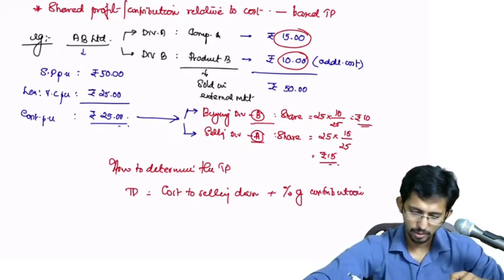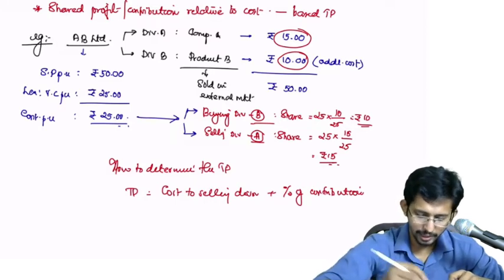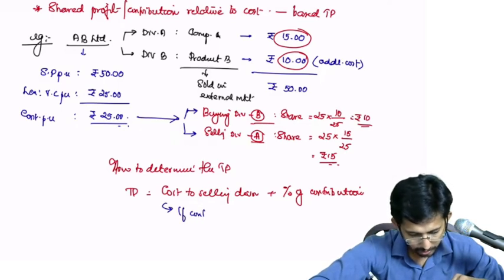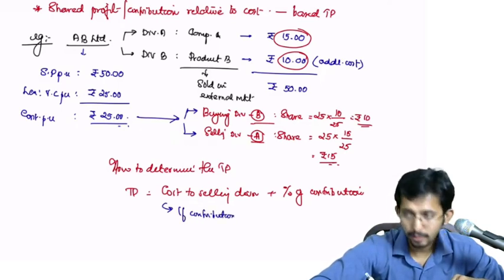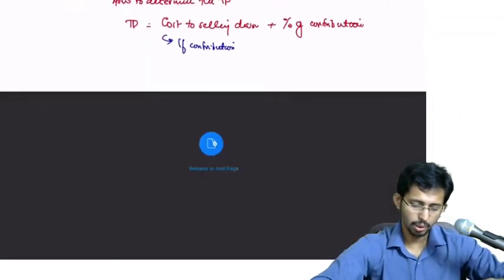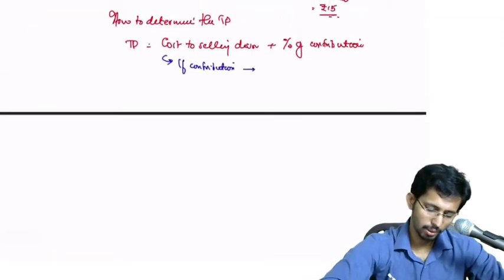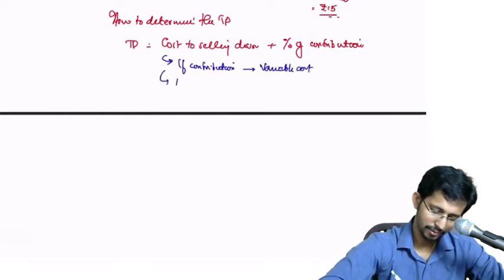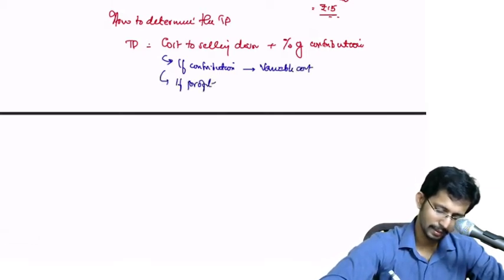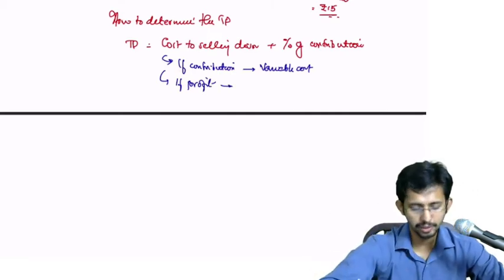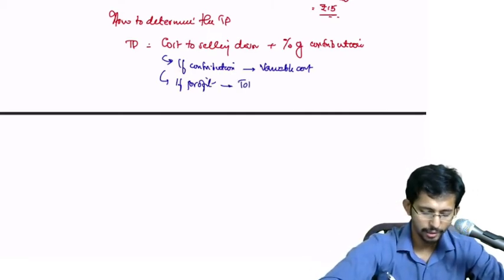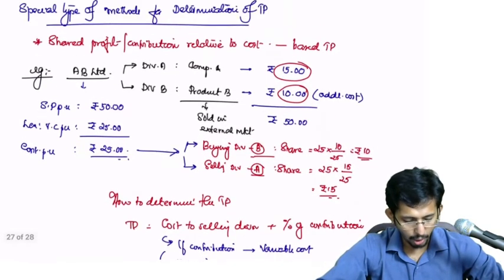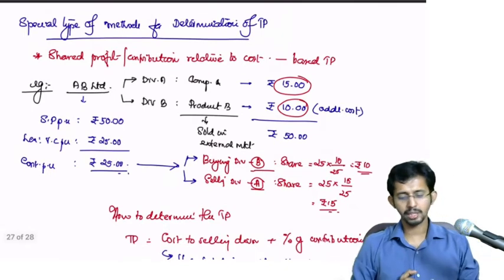If contribution is taken, then you will have to take the variable cost alone. If profit is taken, that means net profit after deducting your fixed cost also, then you have to take total cost here. Is it clear? So this is the method of shared profit or contribution relative to cost.